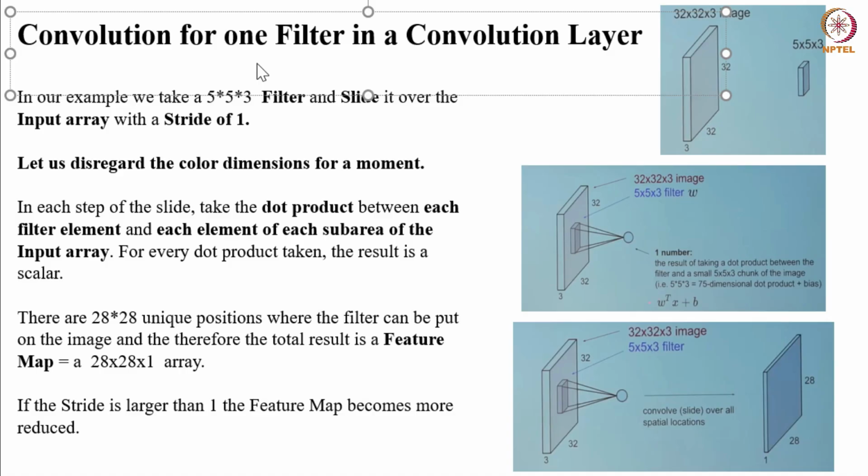We have two functions. We have the input, the whole input image, which is one entity. We have a filter, and we are going to view the input image from the perspective of that filter and map that onto another array.